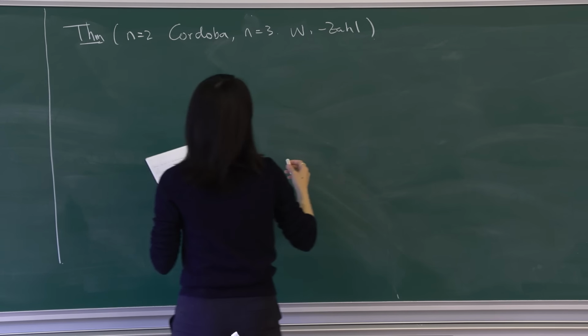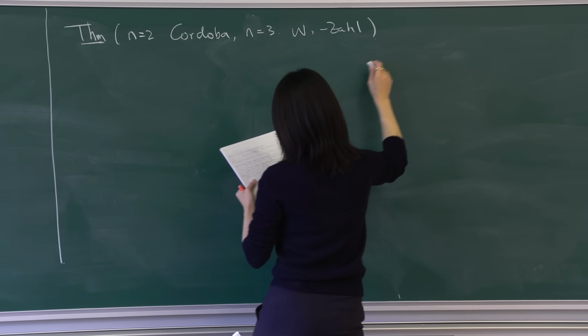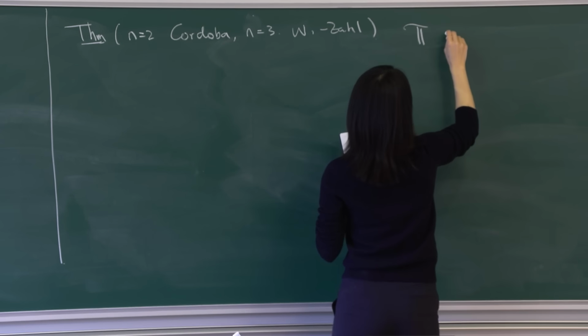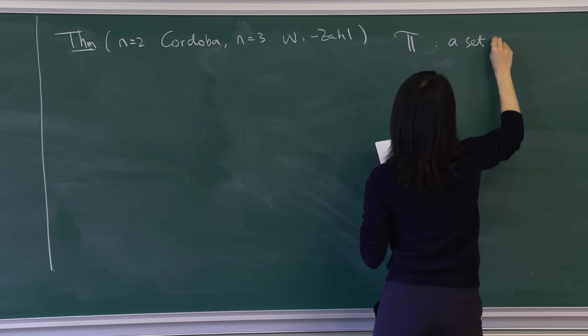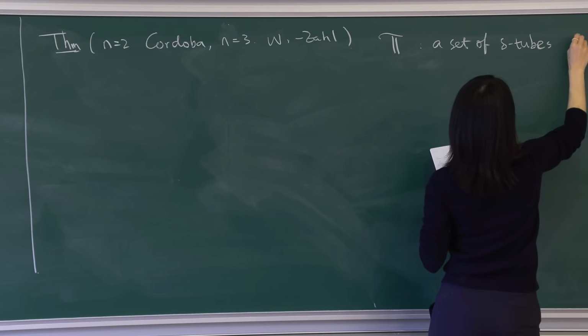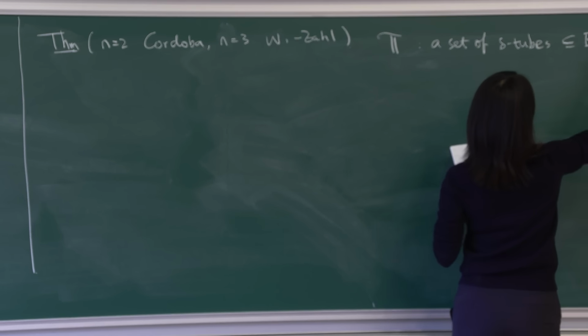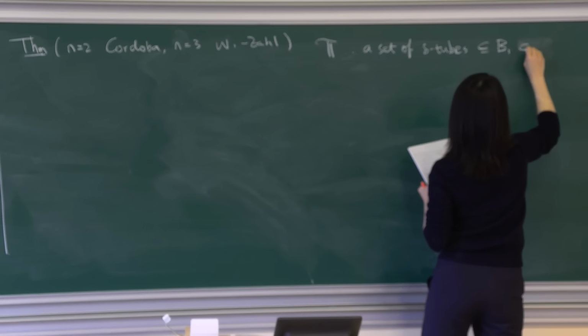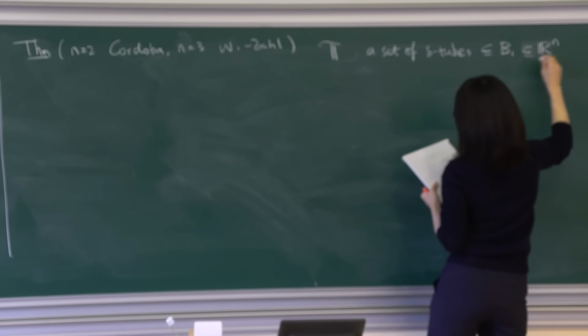And this says, again, the same assumption: T is a set of delta tubes contained in the unit ball in R^n, n equals 2 or 3.